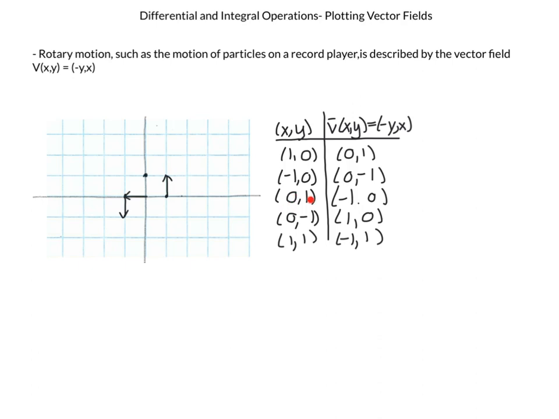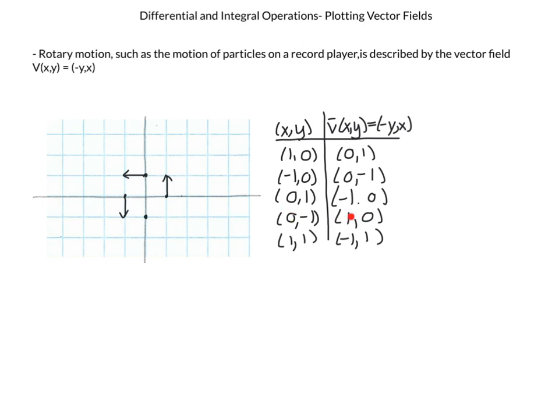Next, at the point 0, 1, that's x equals 0, y equals 1, that's this point here, I'm going to have the vector that points in the negative x direction. It's a unit length vector in the negative x direction, so I'll move that to my point. And this next one I'll just do, so at the point x equals 0, y equals -1, that's this point here.